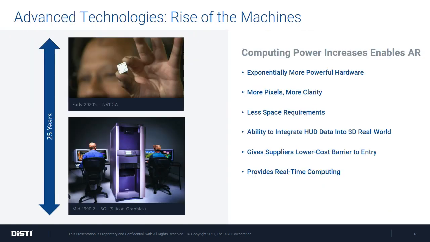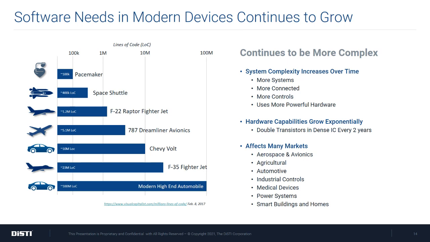So luckily, we have the computing power, and the computing power just continues to get exponentially faster. If you look back to when I started in graphics about 25 years ago, we needed a $250,000 reality engine from Silicon Graphics to process the kind of graphics that today can fit on a chip on the tip of your finger. So a lot more pixels, a lot more clarity today, a lot more computing power for significantly less, which is also a great thing, given the complexity of the software that needs to go into these systems.